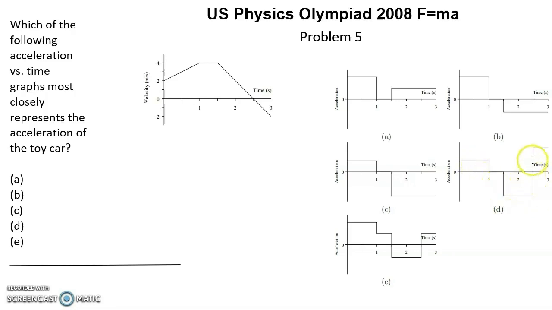It's again good, but last from 2.5 till 3 we have positive, but it's supposed to be still negative, so it's no good. And E is no good because from 1 to 1.5 it's not 0, which is no good. So that's it. C is correct answer.